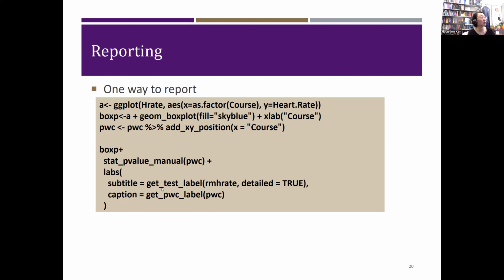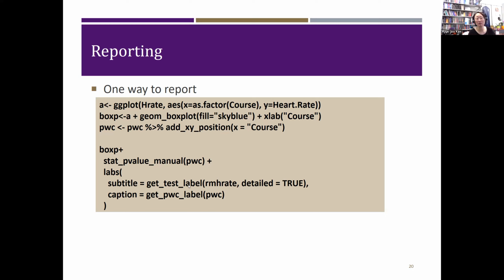The get_test_label function will write some test results of the rmh, the heart rate, that we generated before using the ANOVA table, the anova_test.